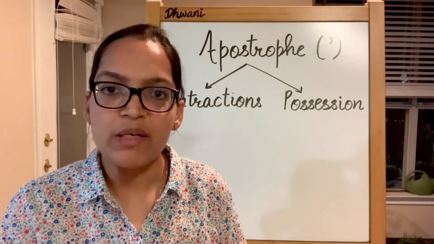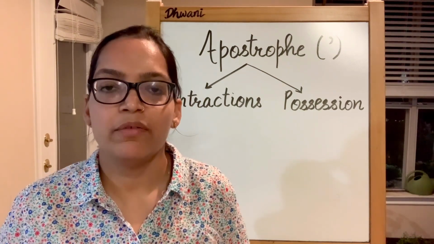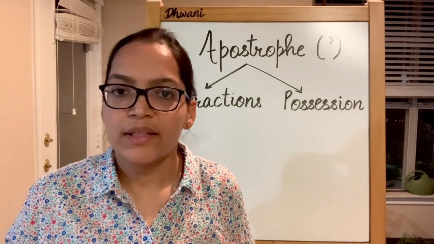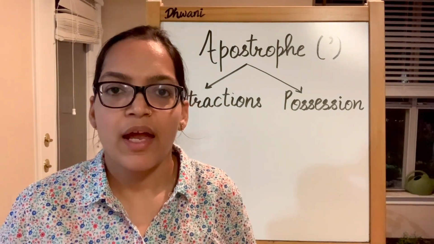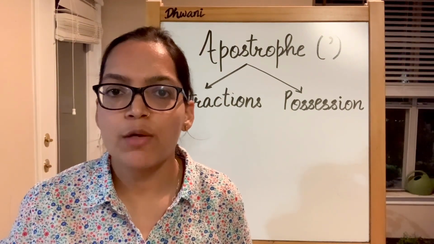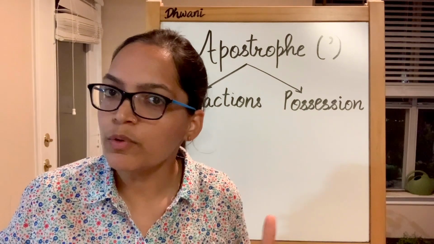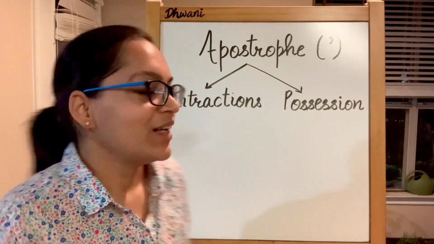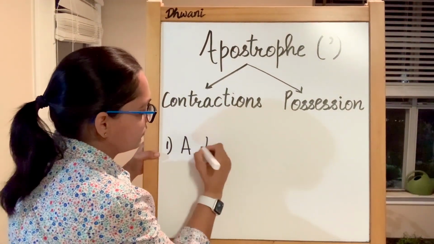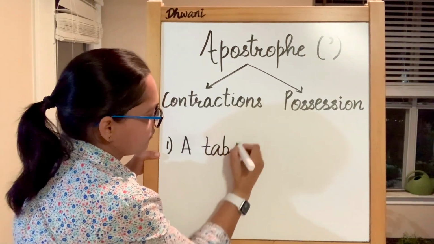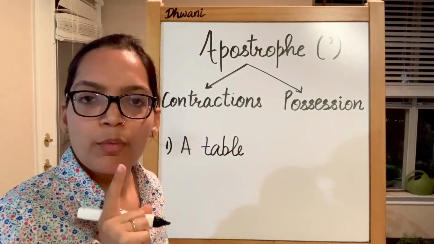Now if something belongs to this, if the legs belong to the table and we want to talk about it, a table's legs are short, then how do you write it? When I say a table's legs, I am using table's, which sounds like a plural noun, but it's not. A table's leg, but I want to talk about only one table.